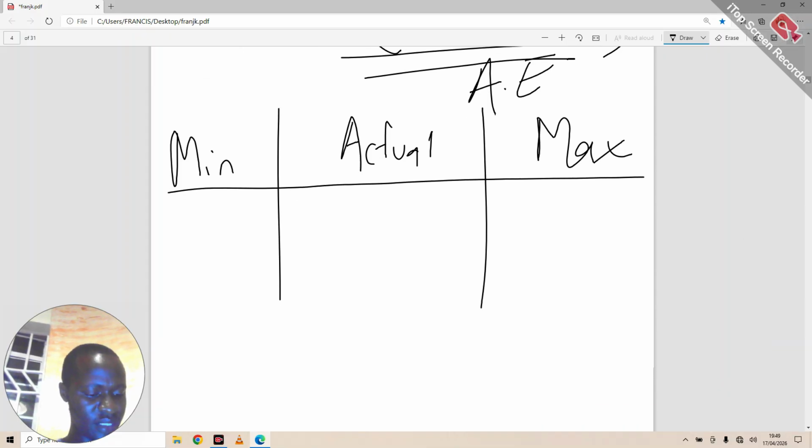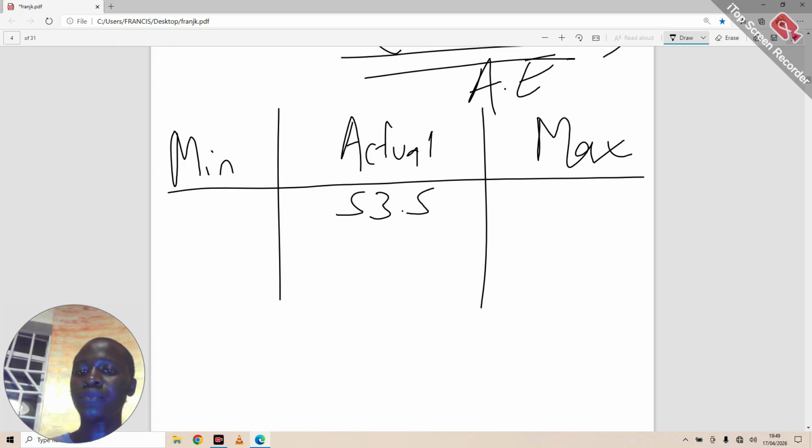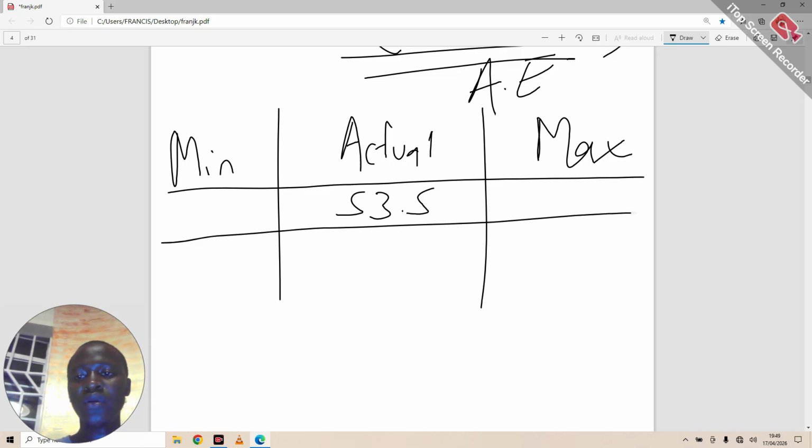So let's start. The question reads, the top of a dining table has the shape of a regular pentagon of side 53.5 centimeters. So the 53.5 has an accuracy of what? 0.1.